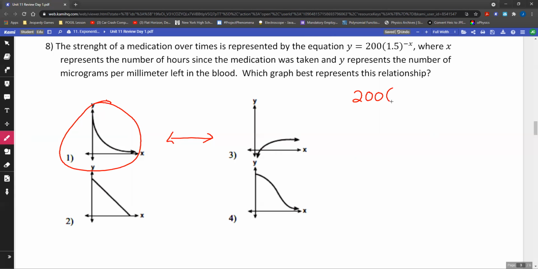Remember, we're doing 1 divided by 1.5 to the positive x. This rewrites as 2/3 or 0.67. This is a decay. So we're expecting a decay relationship as we see in number 1.